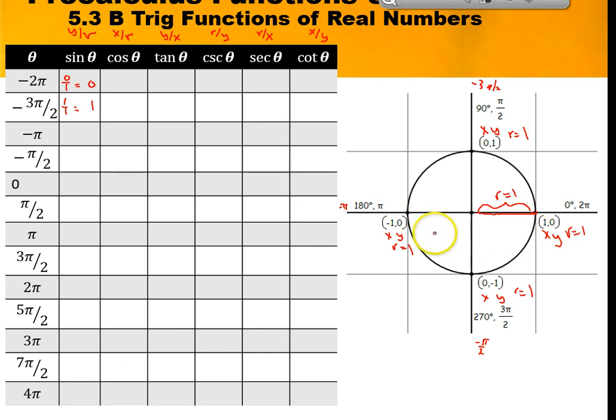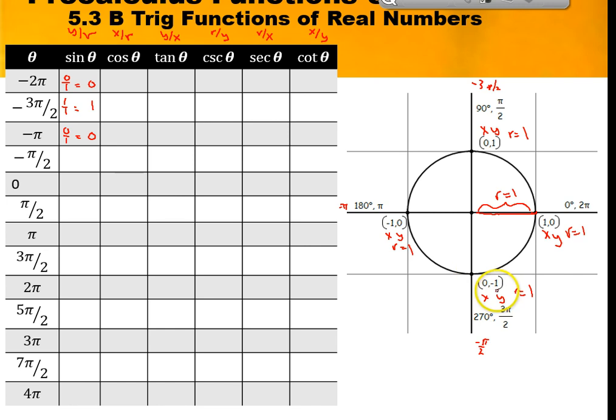And then negative pi would be just going around counterclockwise here, and that would also be y over r. So y is 0 and r is 1, so this would be 0 over 1, which is 0. And then at negative pi over 2, that would be down here at negative pi over 2, or positive 3 pi over 2, right?